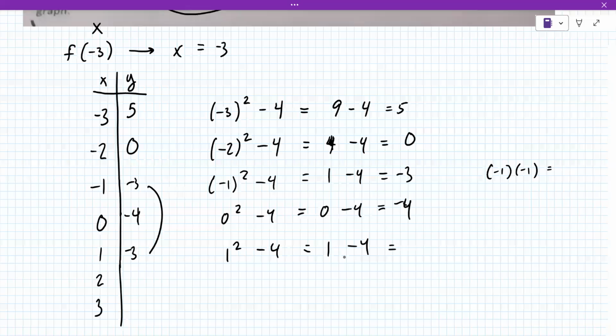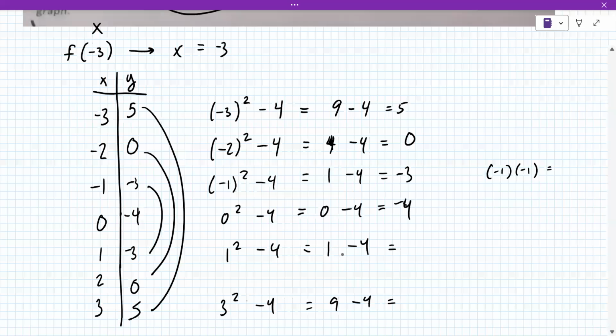And then the next one, 2 squared minus 4, would just be 0. Yes. And how about 3 squared? 3 squared is 9, minus 4, 5. Yeah, and notice that it's the same as well.